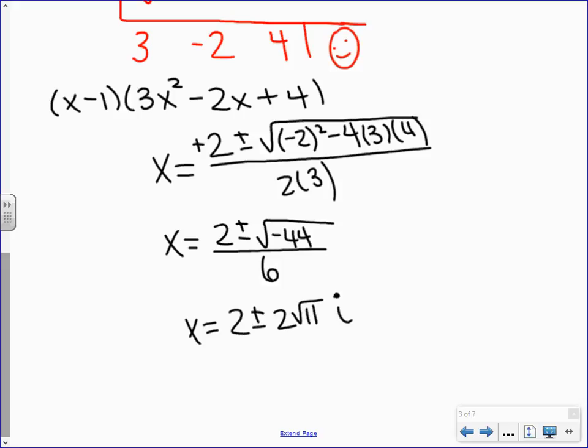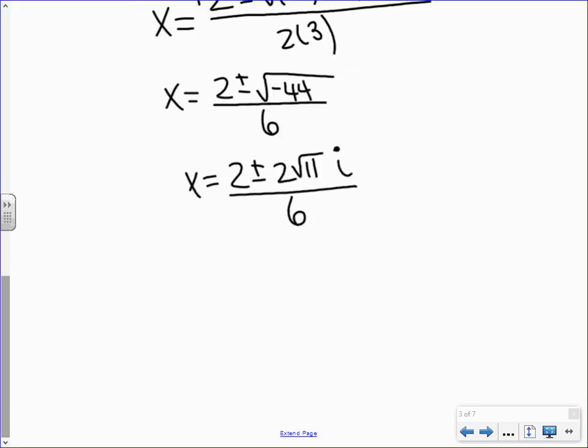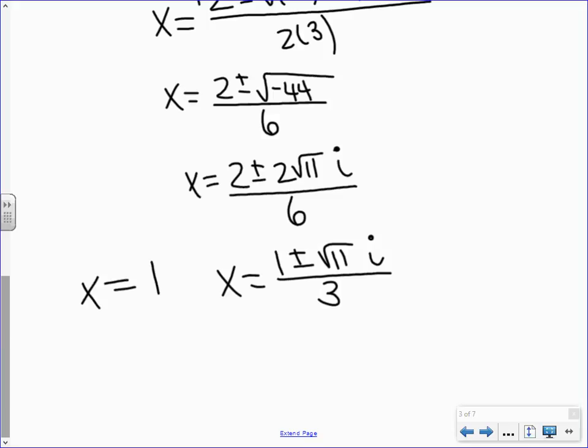I don't care if you write this as 2 radical 11i or 2i radical 11. I will be flexible. Remember, when you reduce, everything in the numerator has to get reduced by the denominator. So our zeros are 1 plus or minus 1 radical 11i all over 3, as well as x equals 1.